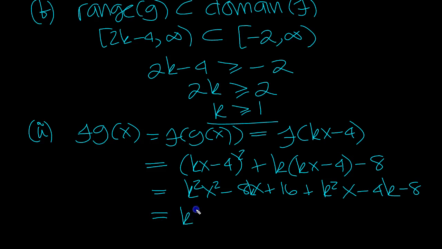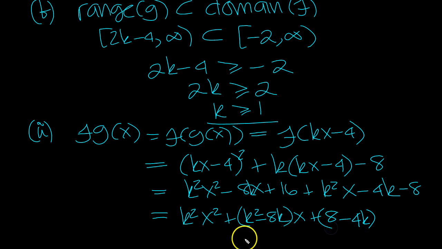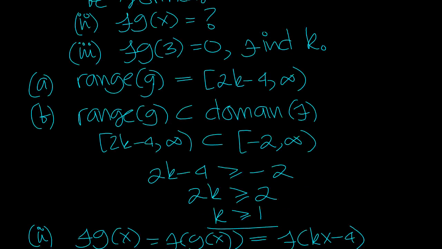We get k squared x squared minus 8k plus k squared, lots of x. So that's that one, and that one. Then we've got 16 minus 8 is 8, minus 4k. And there's the F composite G function in part 2.